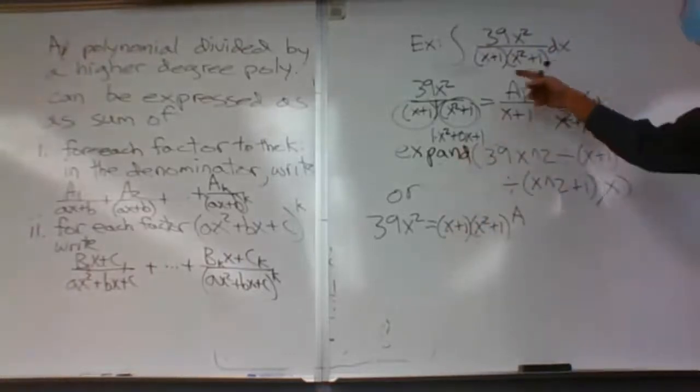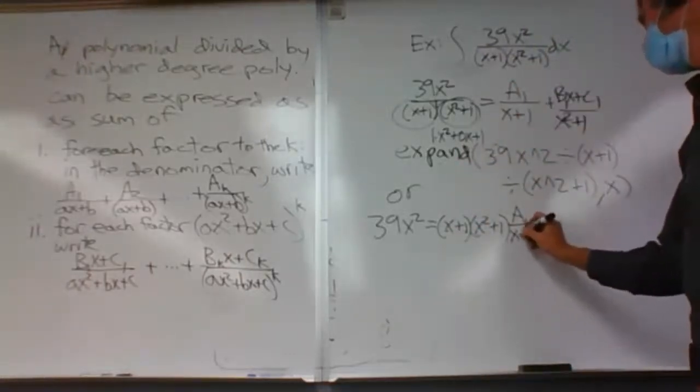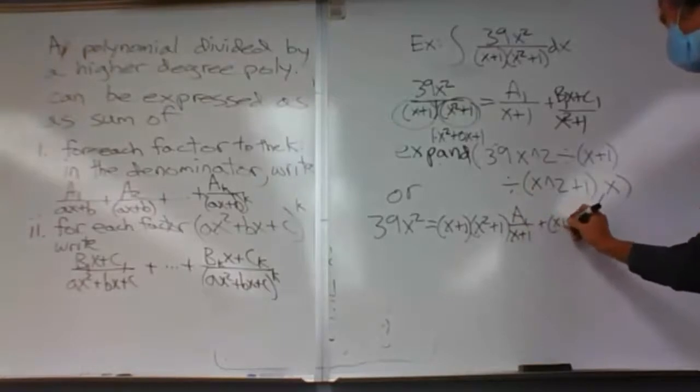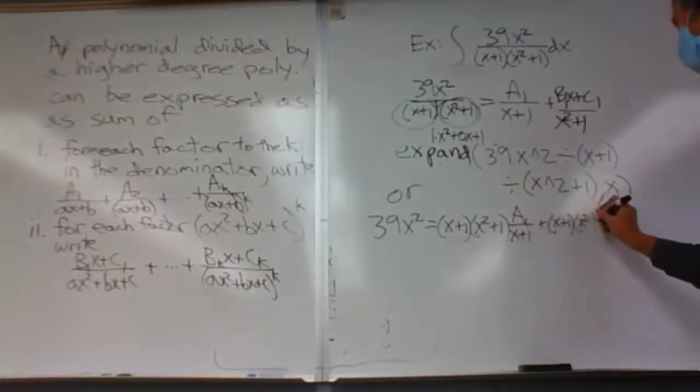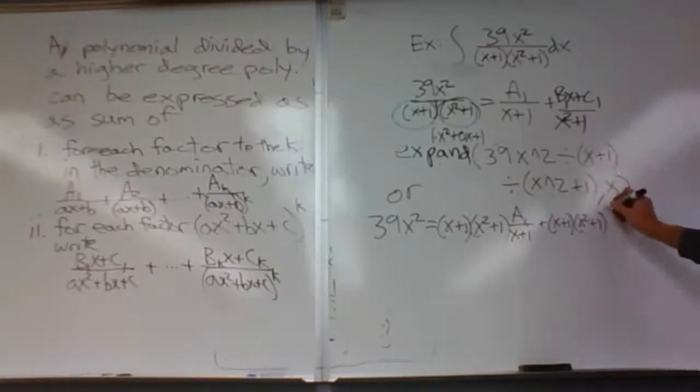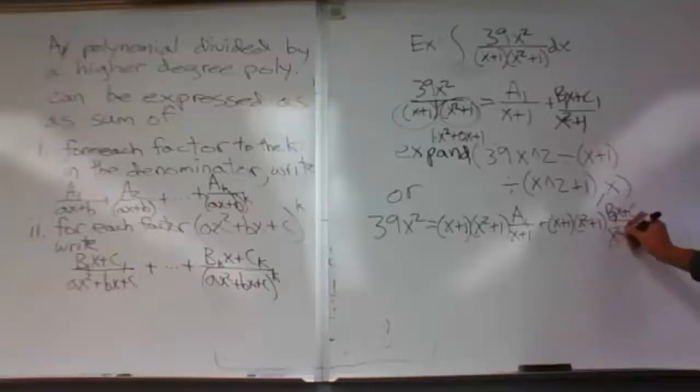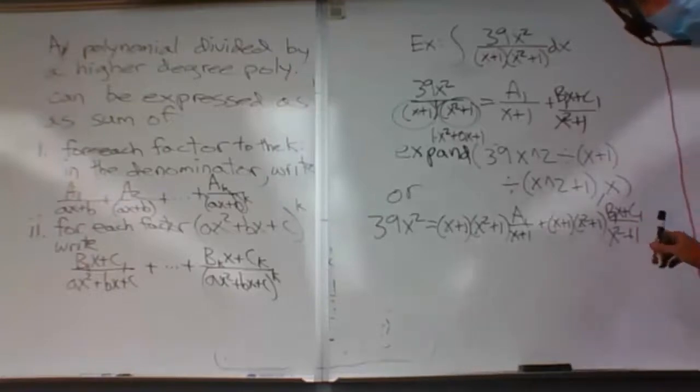So x plus 1, x squared plus 1 multiplying this one, plus x plus 1, x squared plus 1, multiplying the second one, b1x plus c1 over x squared plus 1.